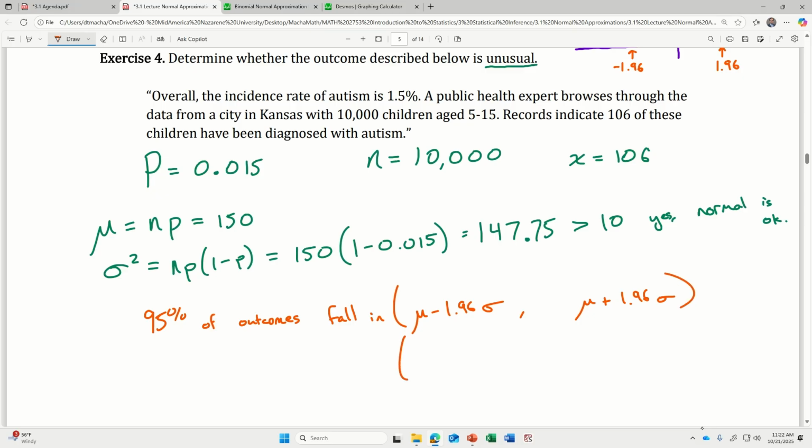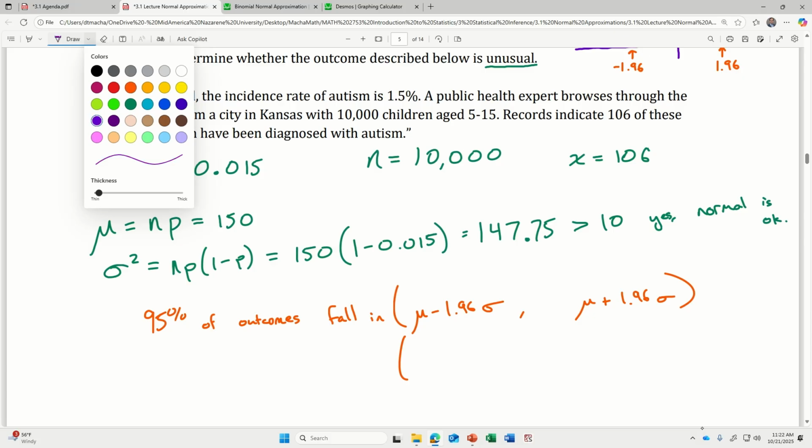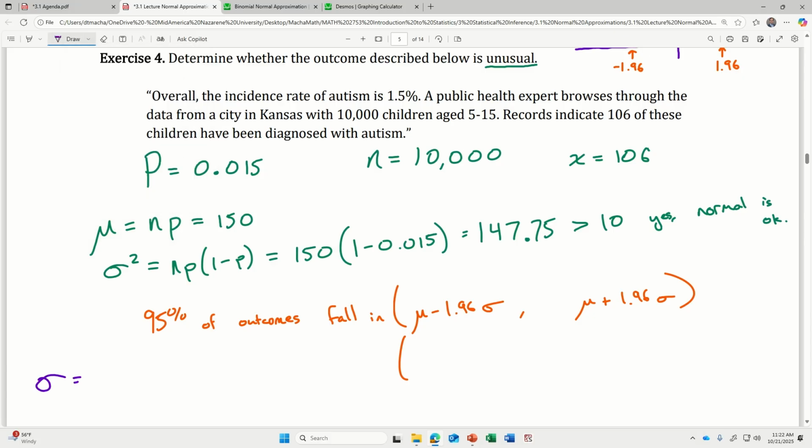And also, I need to find what the standard deviation is. Well, the standard deviation is just the square root of the variance. So I need the square root of 147.75. My standard deviation turns out to be 12.16.